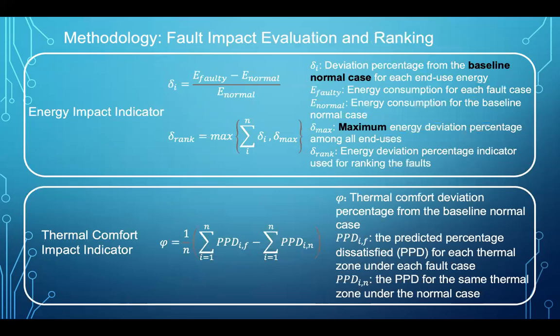As for the indicators used for ranking the faults, the energy impact indicator was determined by the maximum value between the maximum of all the energy consumptions for each single or multiple faults and the total of all the energy consumptions.